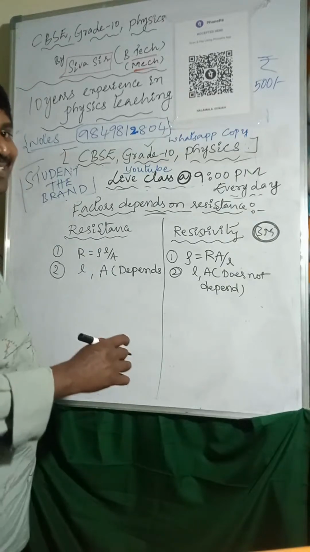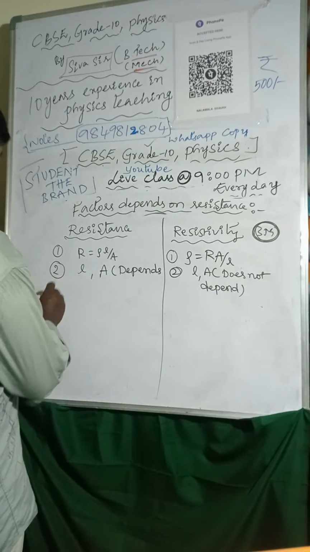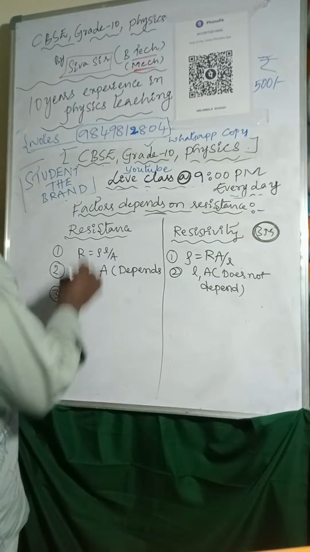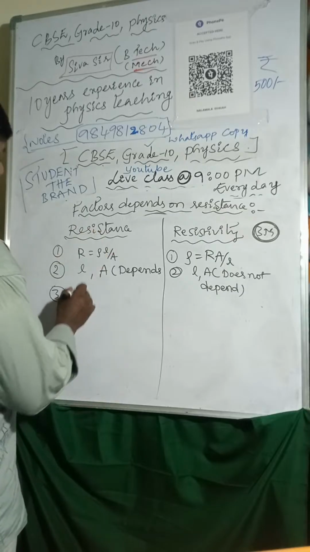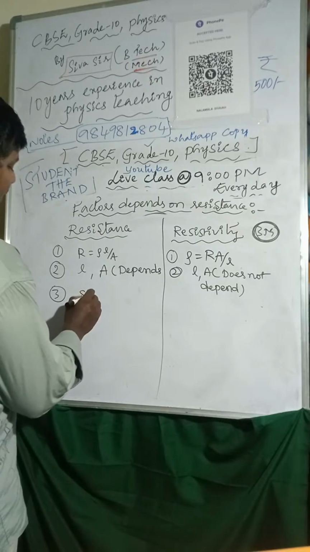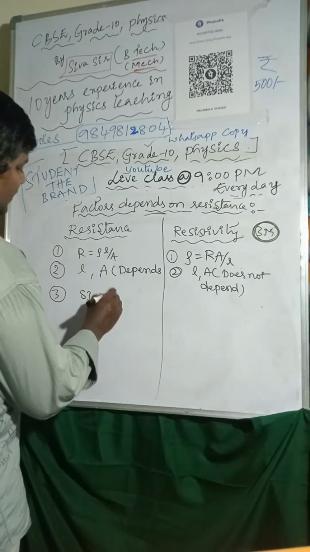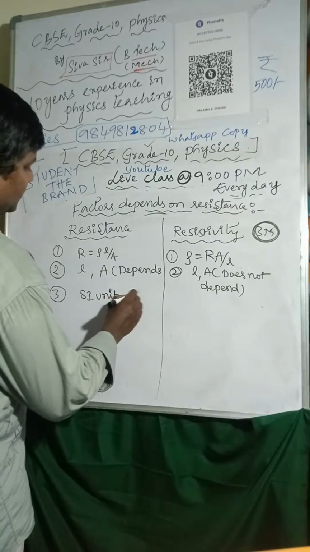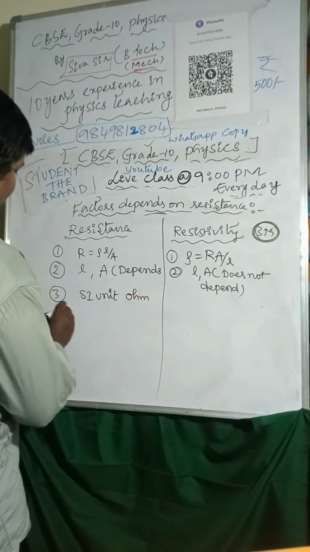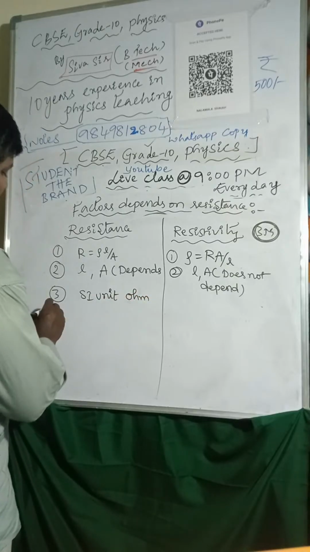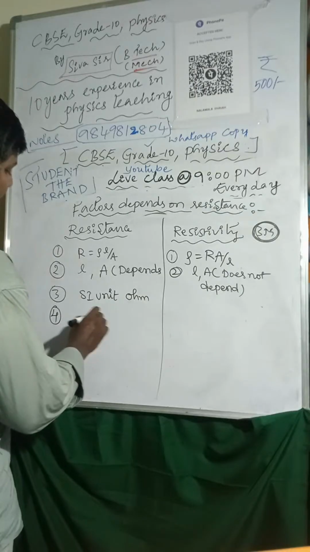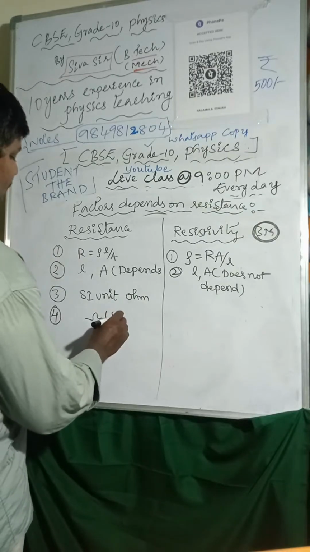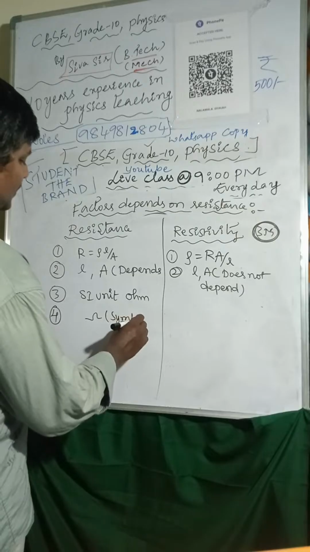Thank you, Tanishka. Third one: the SI unit of resistance is ohm. Fourth one is the symbol of ohm.